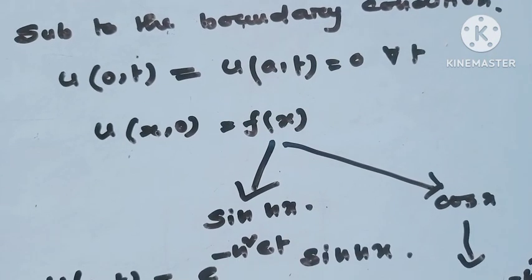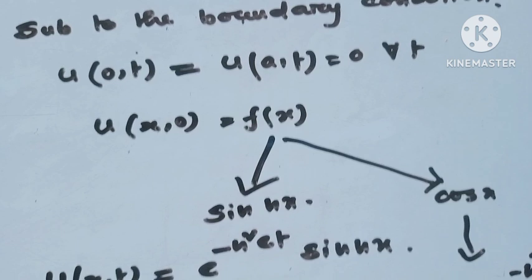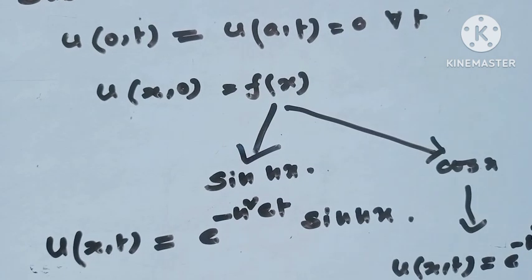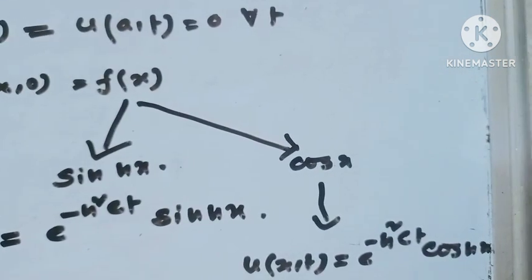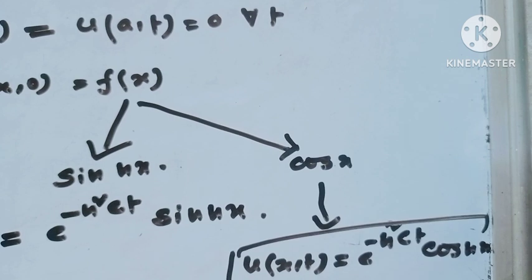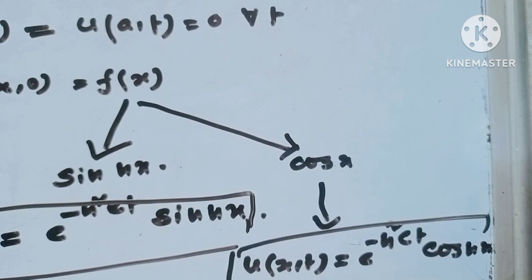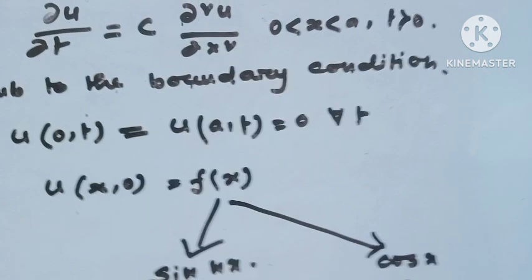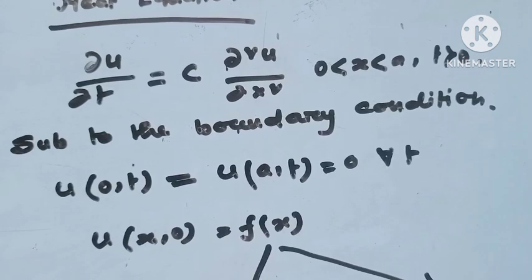When f(x) = sin nx, the shortcut trick is that the solution looks like u(x,t) = e^(-n²ct) sin nx, and when f(x) = cos nx, then u(x,t) = e^(-n²ct) cos nx. This is the solution. I hope all my viewers have understood. I showed this in my previous video; if you haven't seen it, please watch it first.